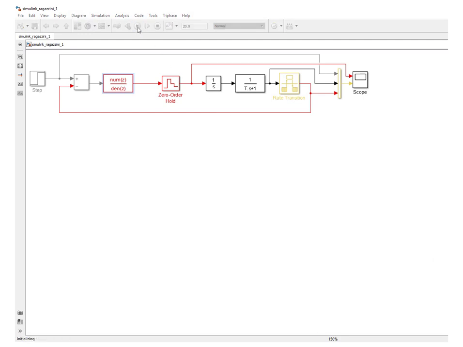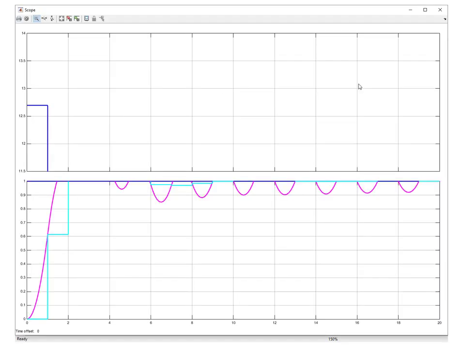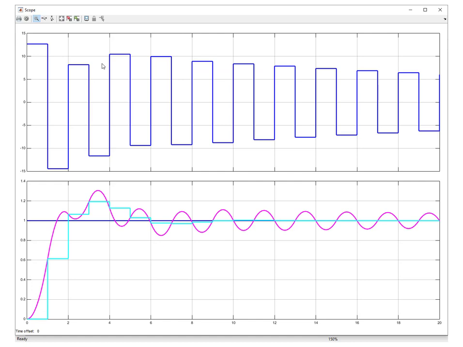So if you simulate this, this is how it looks. And you can see indeed that you have the same results as in Matlab, but on top you have the intersample behavior. And here you can see that there is this hidden oscillation that you cannot see in Matlab, and that is undesired.